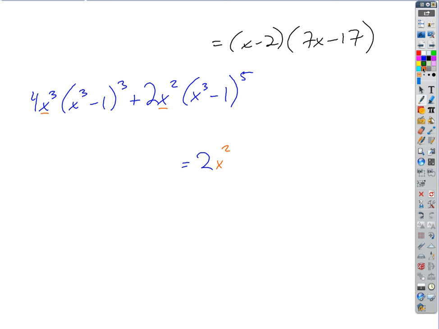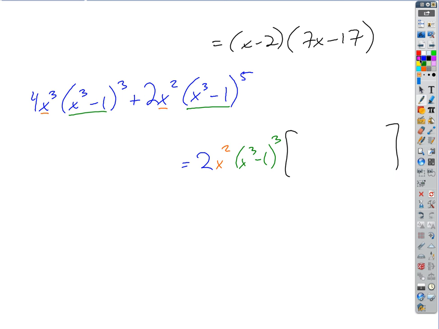And then my other base, I've got the quantity x cubed minus 1 to various powers, right? The least power of my common base is cubed, right? So then we get x cubed minus 1 cubed, and then I've got a bunch of leftover stuff. If I divide all this away, what am I left with from term number 1? And how many terms are there in my original expression? 2, right?